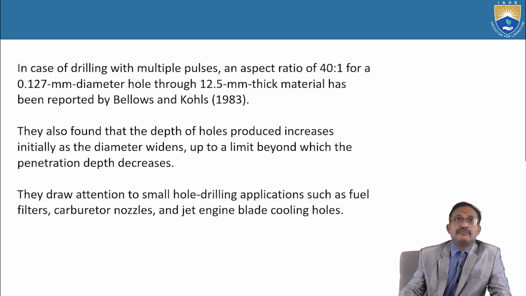1969. In the case of drilling with multiple pulses, an aspect ratio of 40:1 for a 0.127 millimeters diameter hole through 12.5 millimeters thick material has been reported by Bellows and Coles during 1983.